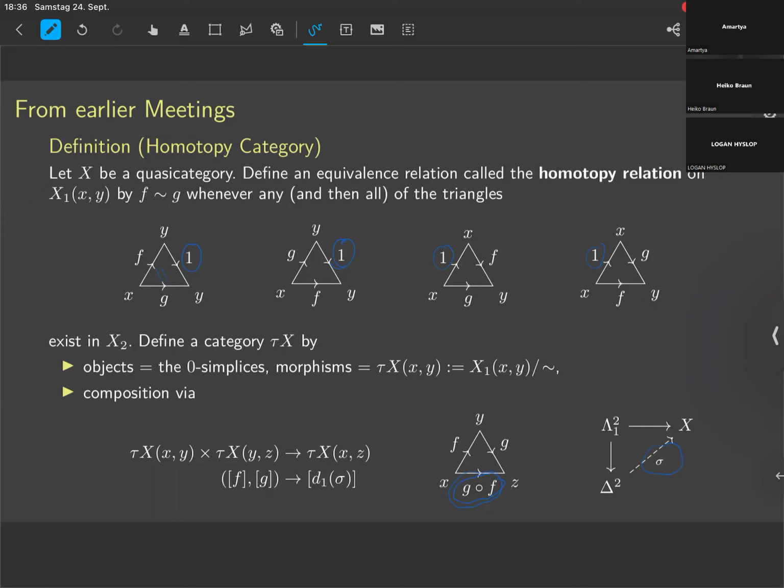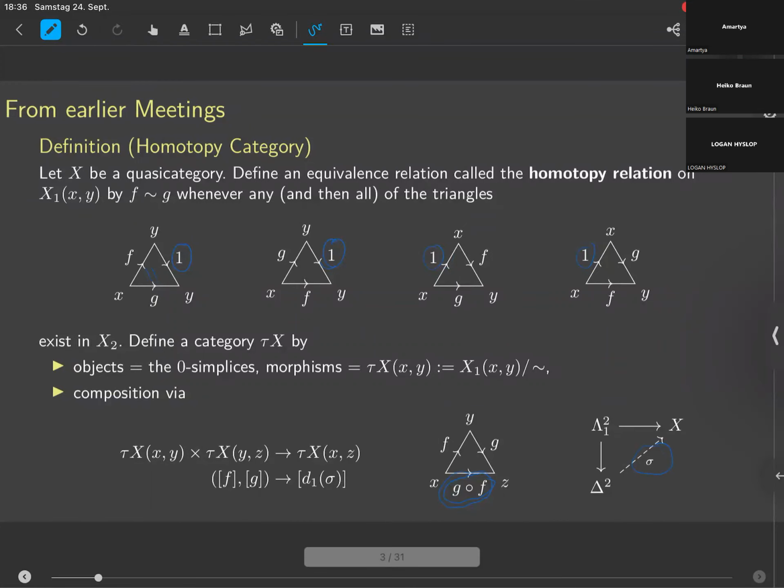Using that, we can define what an isomorphism in such a quasi-category is.